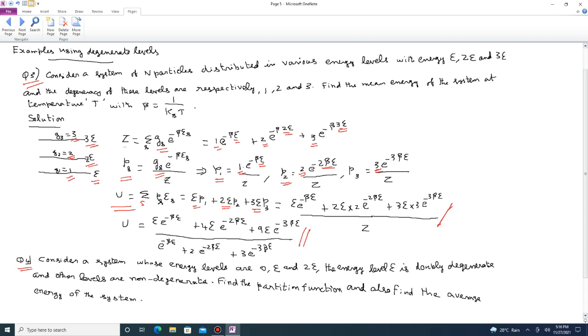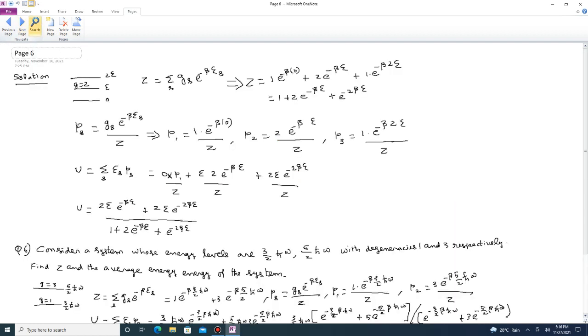Find the partition function, also find the energy of the system. So here the second level is degenerate, other levels are non-degenerate. So in that case, here the multiplicity is 1, here the multiplicity is 1, this is the value of g.